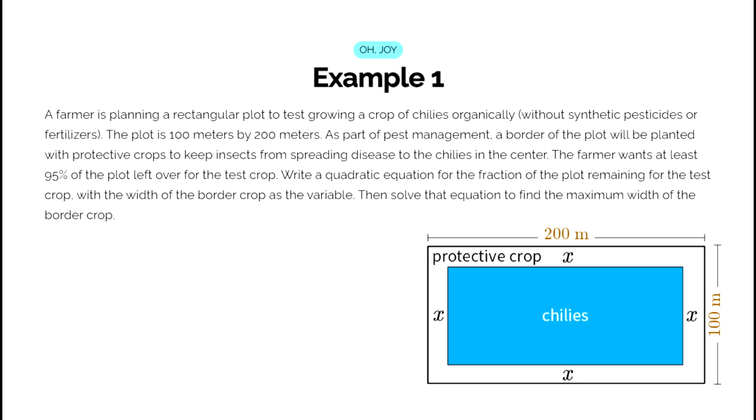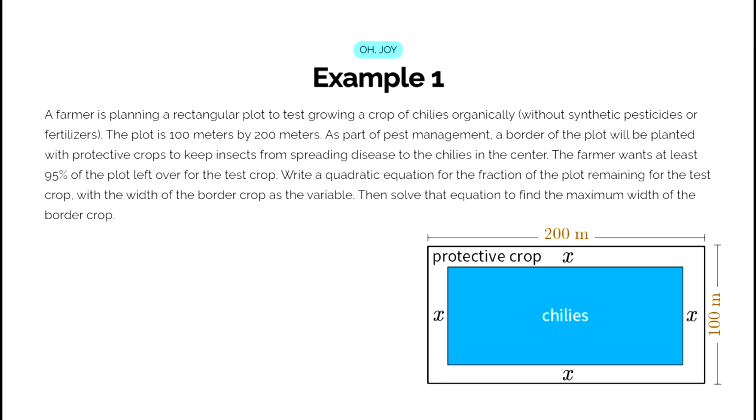Here is example 1. A farmer is planning a rectangular plot to test growing a crop of chilies organically without synthetic pesticides or fertilizers. The plot is 100 meters by 200 meters. As part of pest management, a border of the plot will be planted with protective crops to keep insects from spreading disease to the chilies in the center.